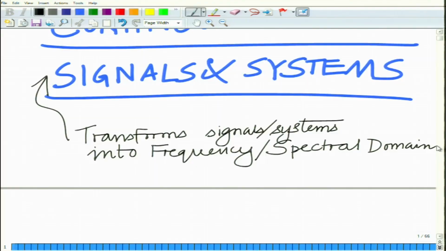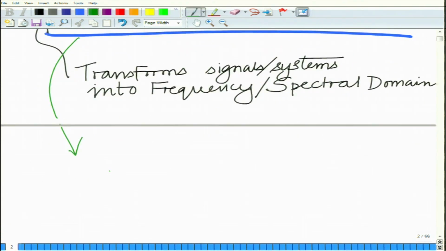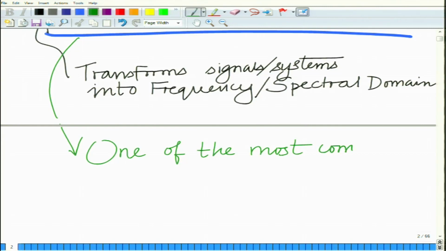Okay. And the Fourier transform, needless to say, is one of the most commonly employed and insightful transforms, not just in electronics and signal processing, but in various fields of science and engineering.